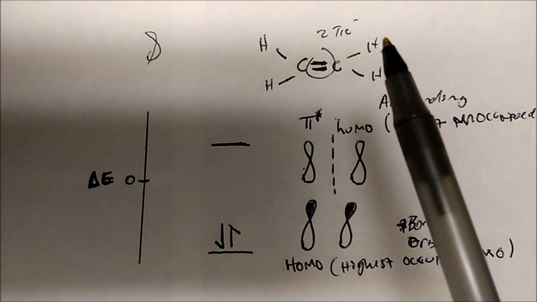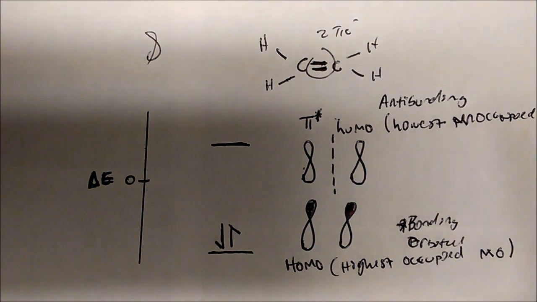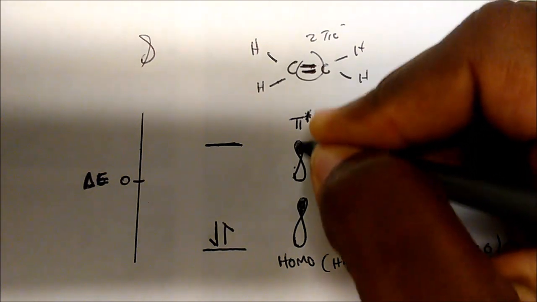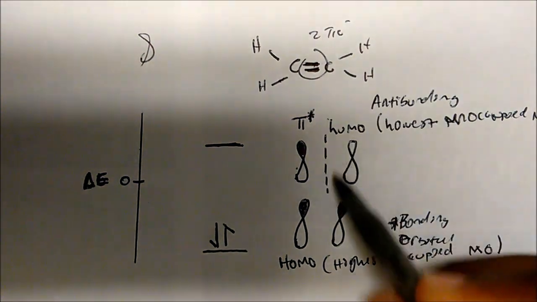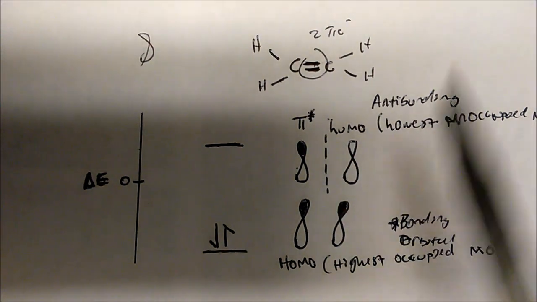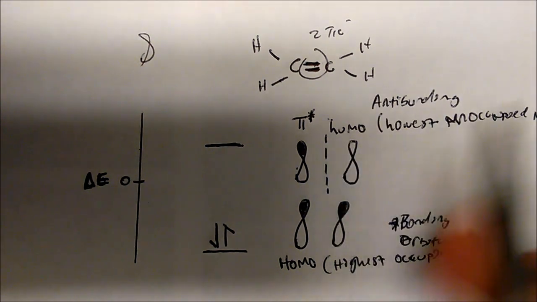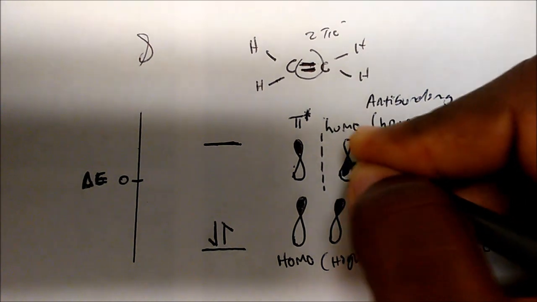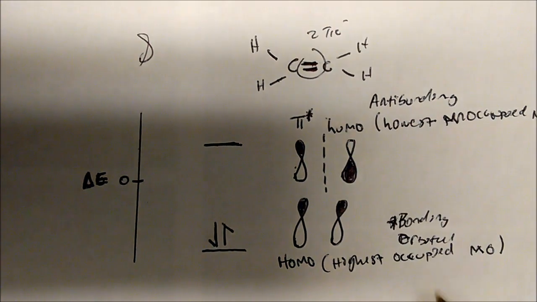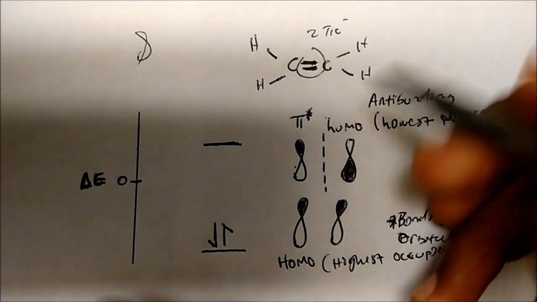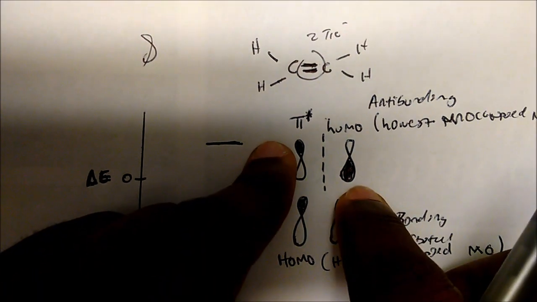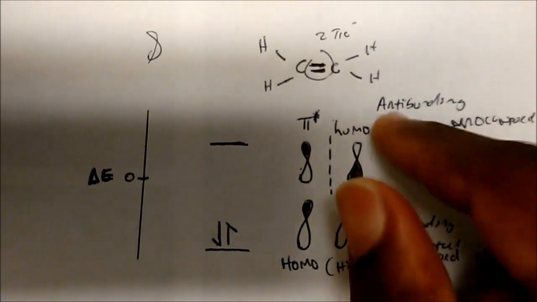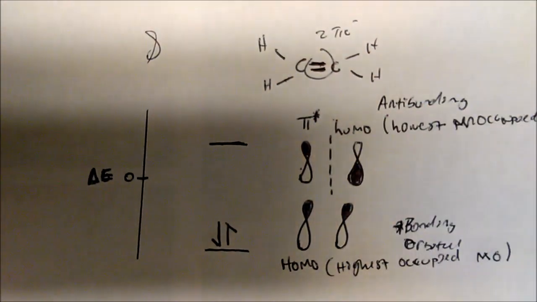Well, we got to shade this in. Now we have a node here, showing that we're going up in energy, so our nodes increase. We have 1 here. Now, because there's no bonds here, the next one has to go down here. I have to shade this one down here. And look, these do not match. We have a node and these do not match. So this is our anti-bonding orbital. We're showing that there's no bonds here.